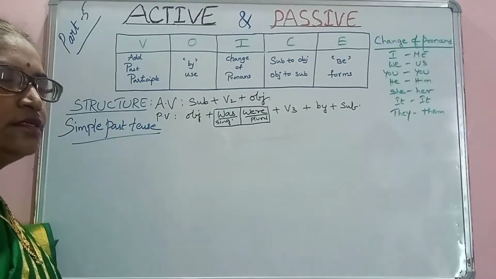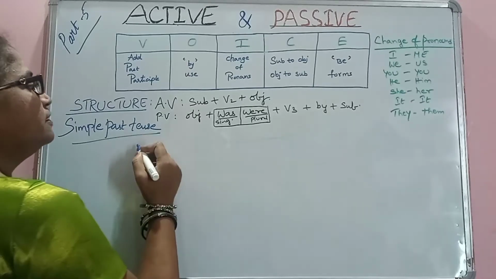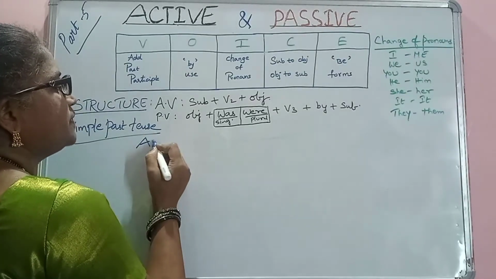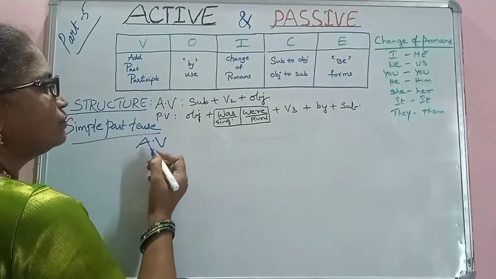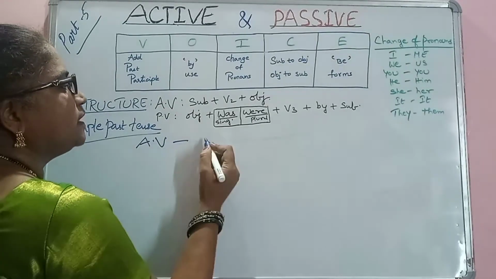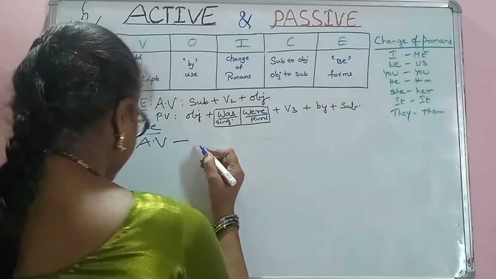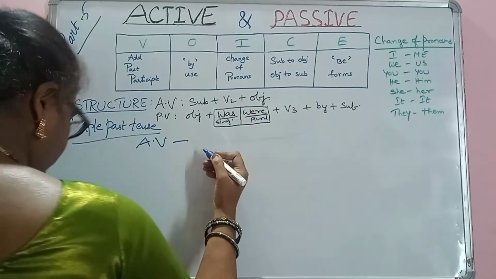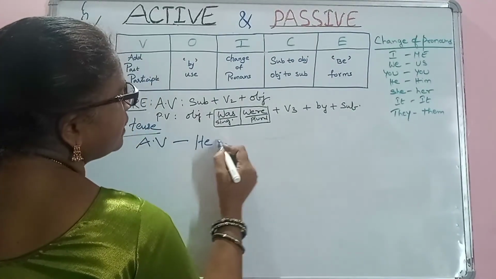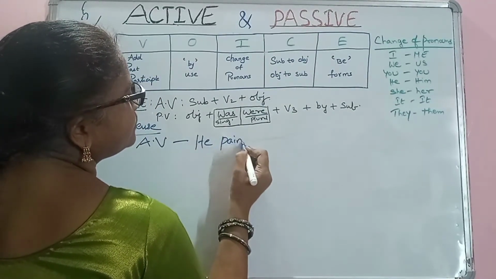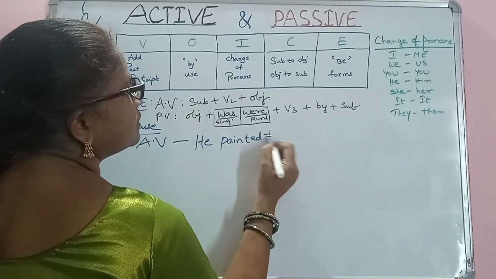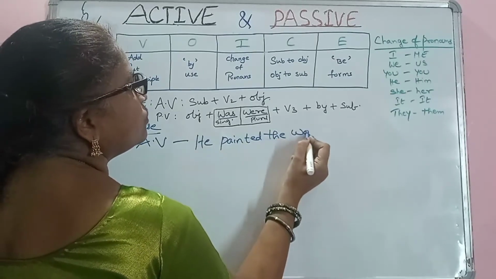Now we will go with the first example in simple past tense, active voice. The sentence is: He painted the walls.